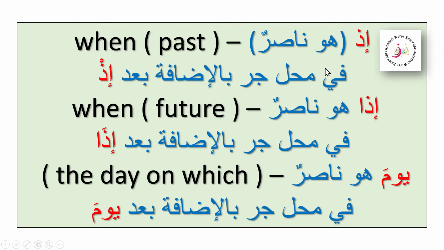Because this sentence is after idh, and we know that idh is a special mudaf, it is making the whole next sentence structure into the idafa construction. And we know that this mudaf ilayhi is always in the state of jarr, it's majrur. So we are going to write fi mahalli jarr bil idafa ba'da idh. In the same way, idha works.